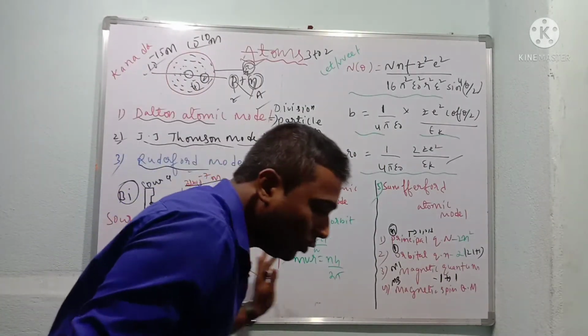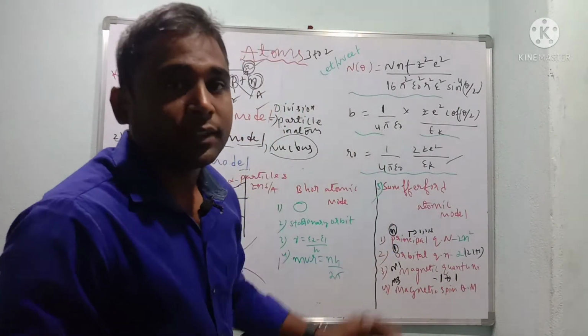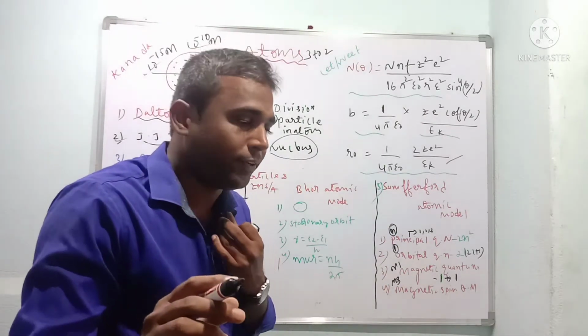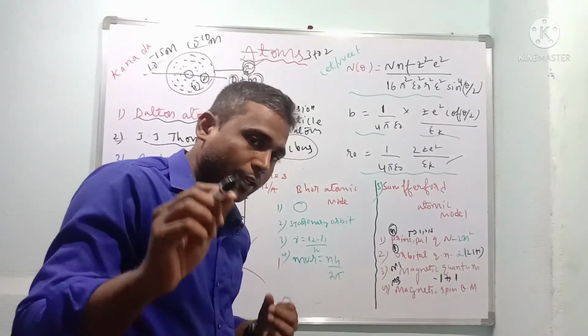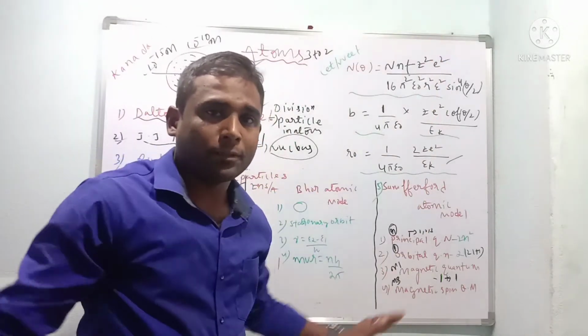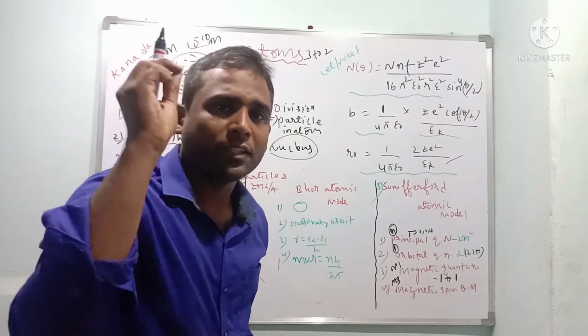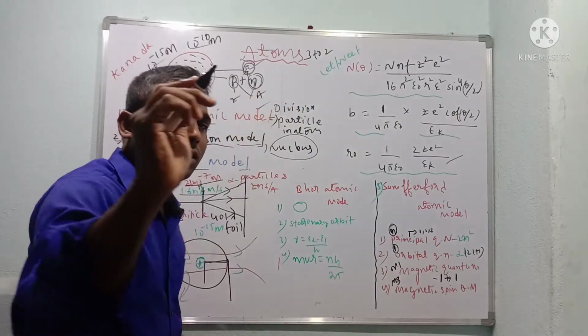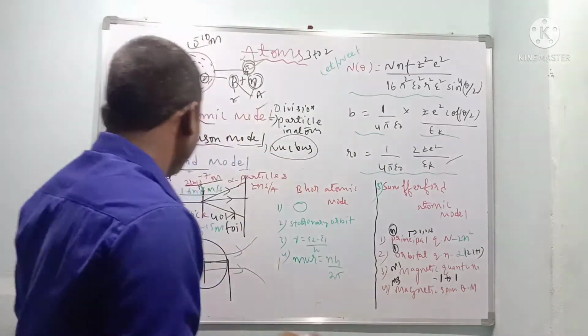So then he concluded that the atom is made up of empty space, completely empty space. Nearly 90% of the atom is made up of empty space. So that is the first conclusion.